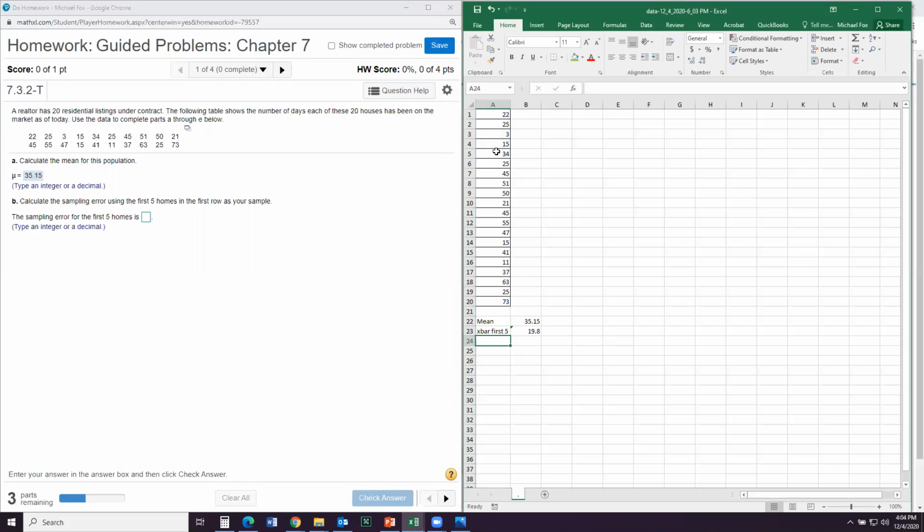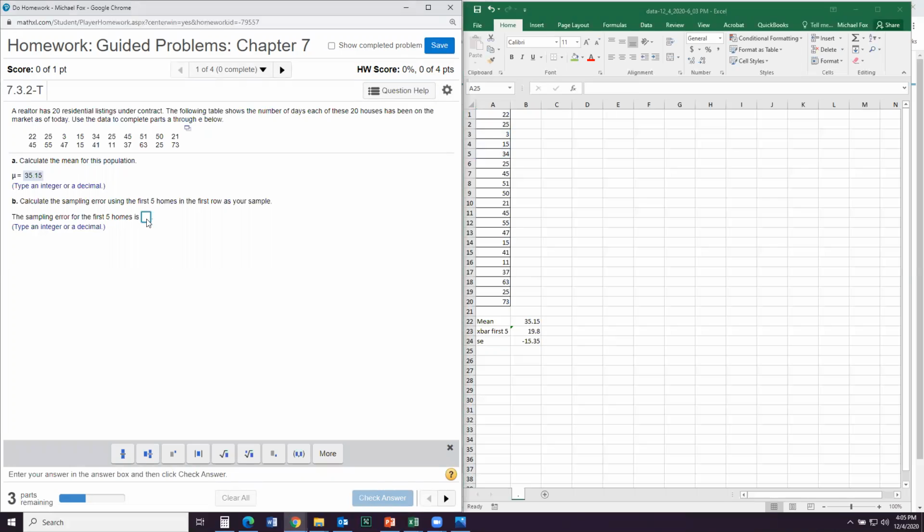And the sampling error, I'll call it SE, is just the sample mean, or X bar, minus the population mean. My sampling error is negative 15.35.